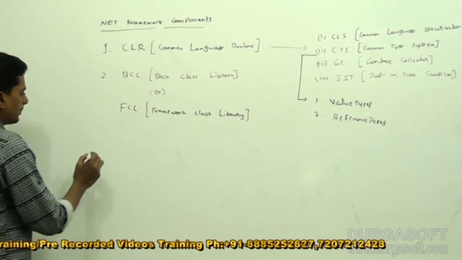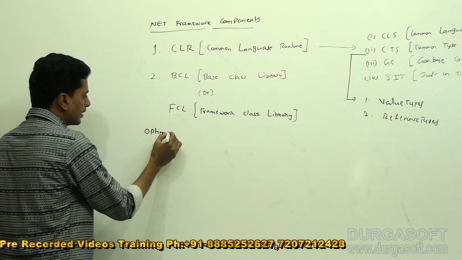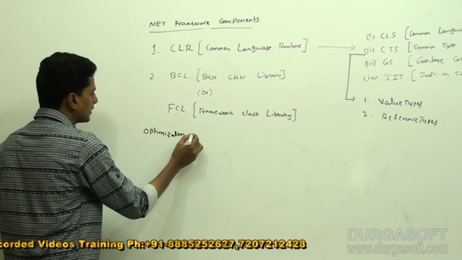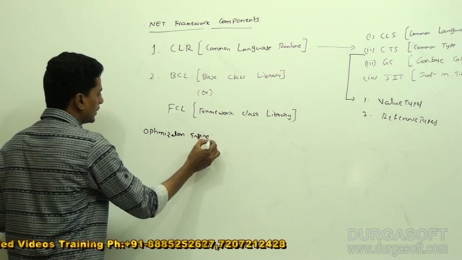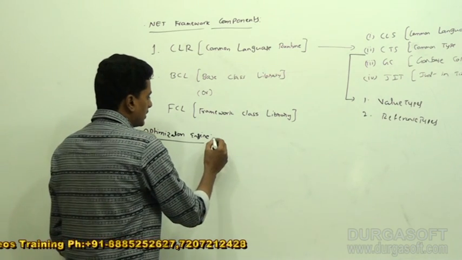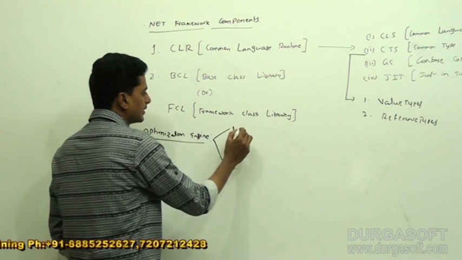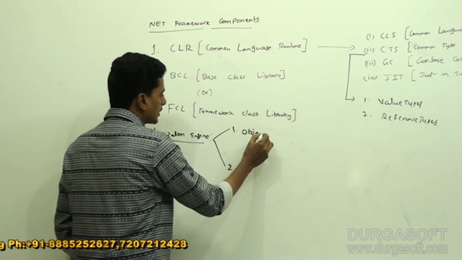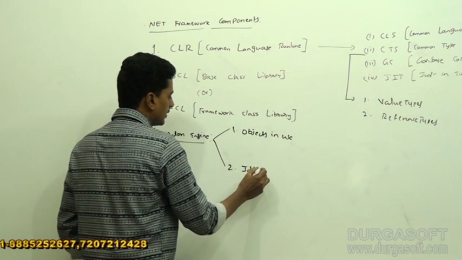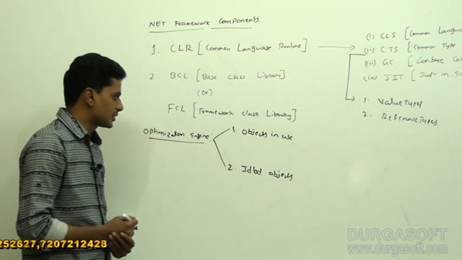The garbage collector internally has its own engine, known as the optimization engine. This optimization engine works when the objects are divided into two categories: objects in use and idled objects.